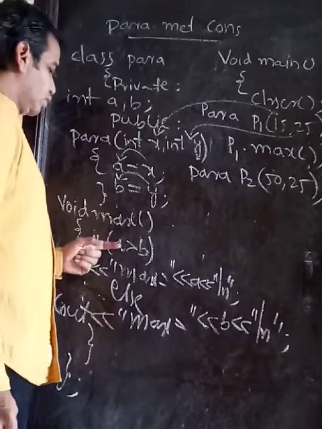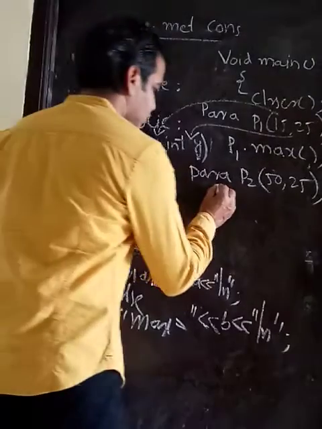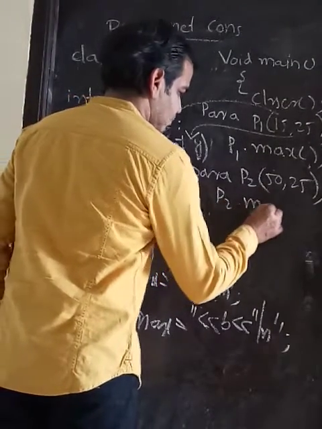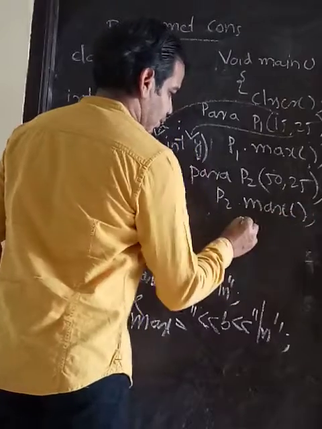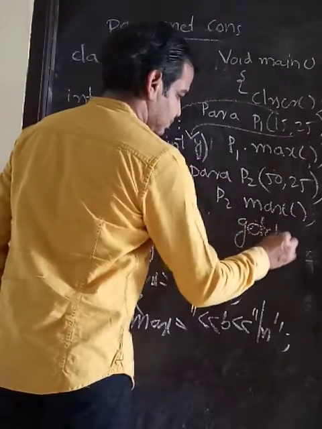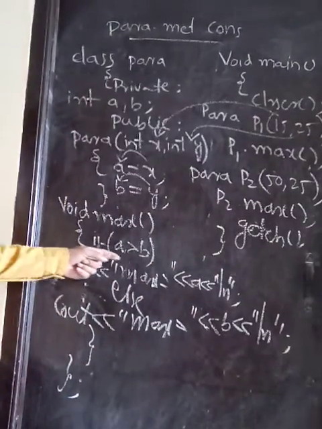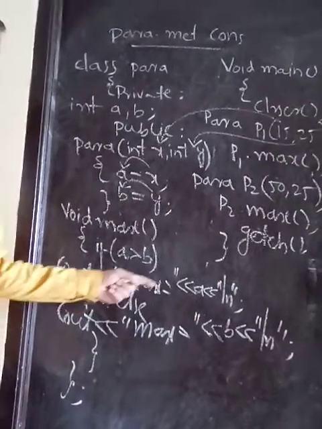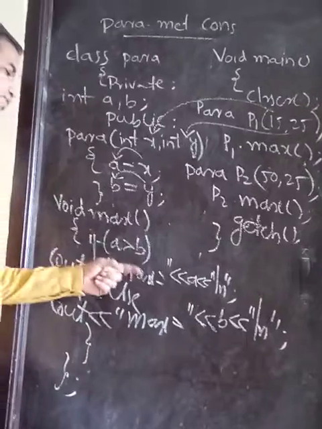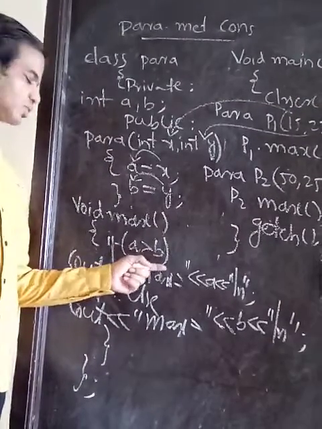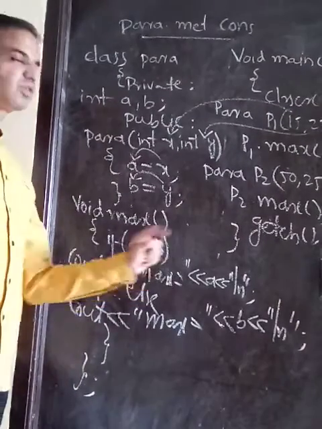Now I am calling P2 dot maximum, then getch and closing. The condition 50 greater than 25 is true, so it will display maximum is equal to 50.